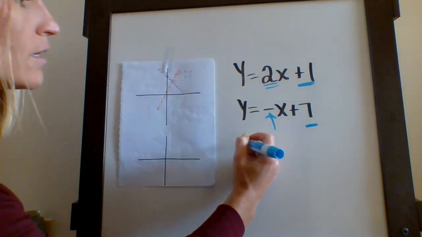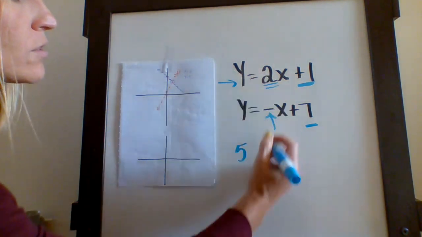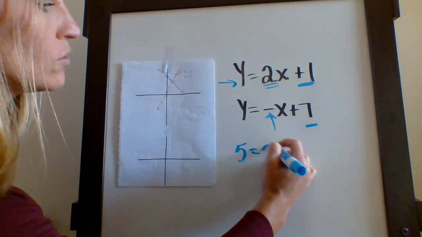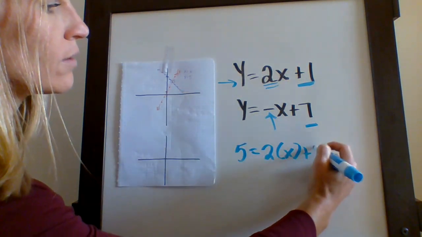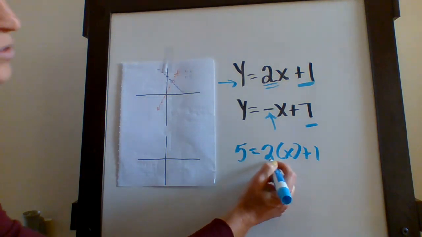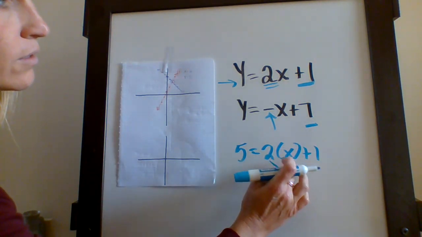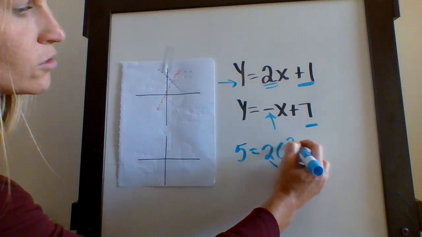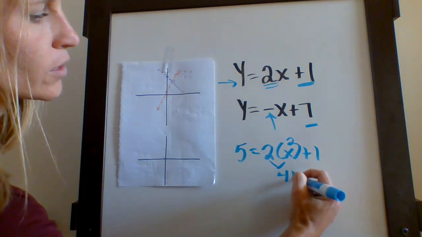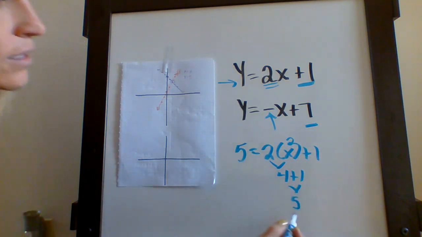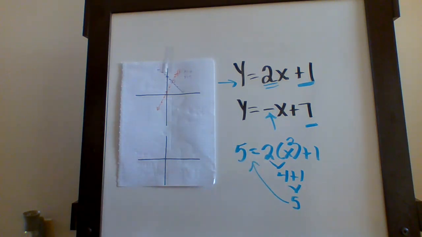So let's say y was 5, I'm going to use this one, and x is 2, will they be equal to each other? So instead of that x, I'm going to plug in a 2. So 2 times 2 is 4. And yes, this side does give me a 5, so I checked it.